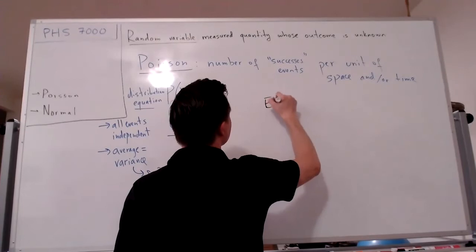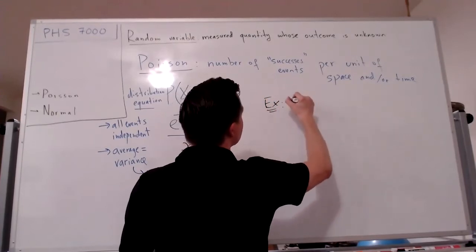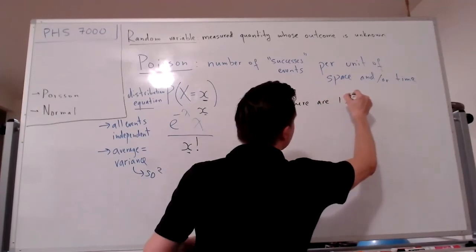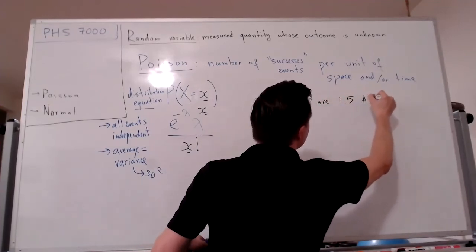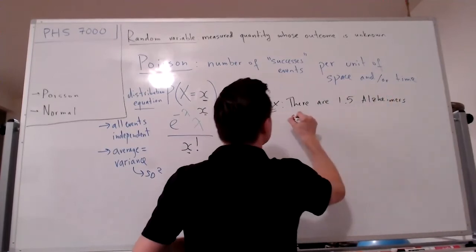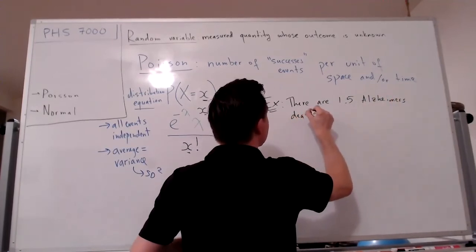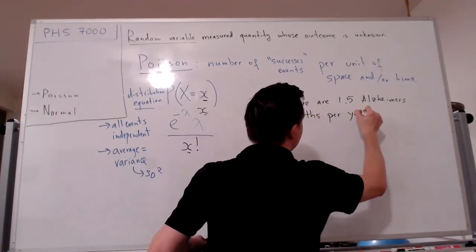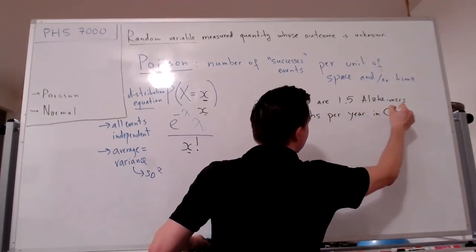All right, for example, there are 1.5 Alzheimer's deaths per year in Charlottesville.